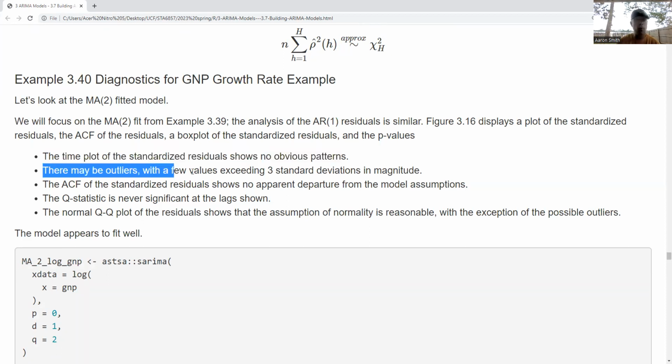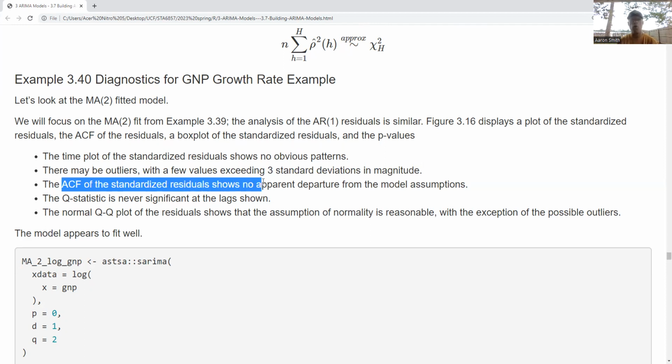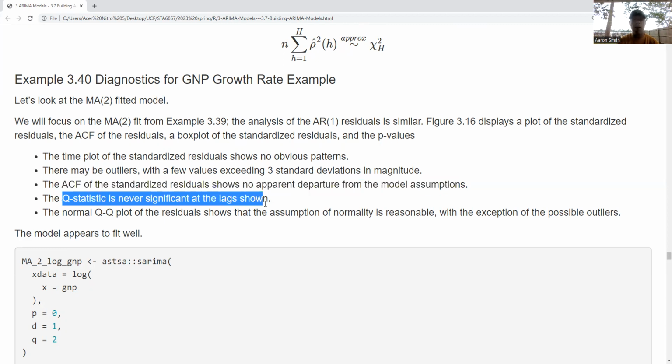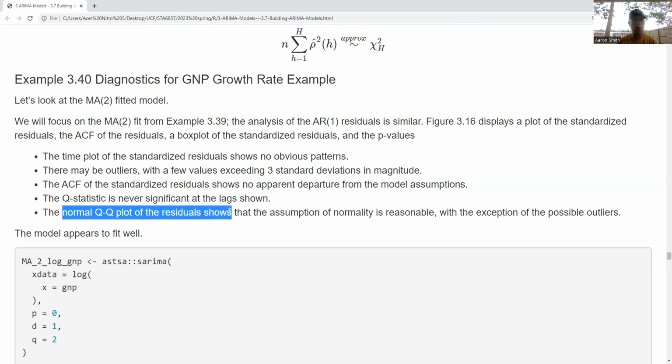There may be outliers with a few exceeding 3 standard deviations of magnitude. The ACF of the standardized residual shows no apparent departure from model assumptions, and the Q statistic is never significant at the lag shown. And then the normal QQ plot of the residuals shows that the assumption of normality is reasonable, with the exception of a few outliers.